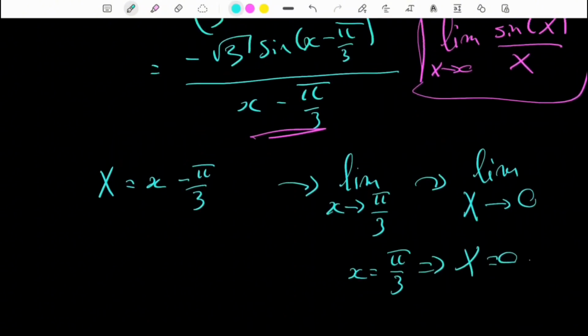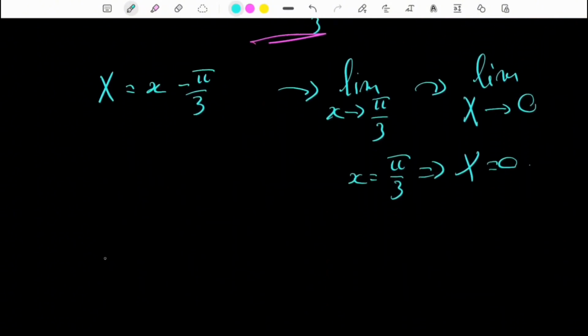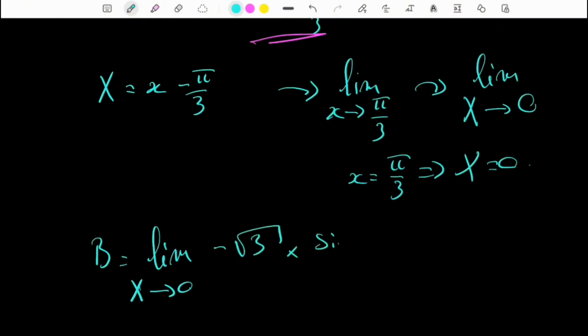As simple as that. So our limit b is equal to the limit when capital X tends to 0, we change the variables, of minus square root of 3 times sine of capital X over X.